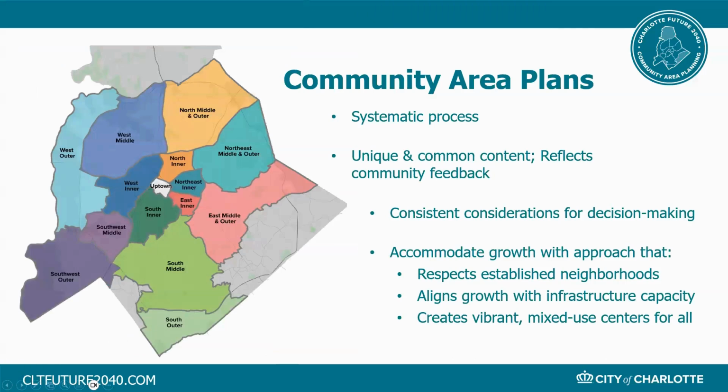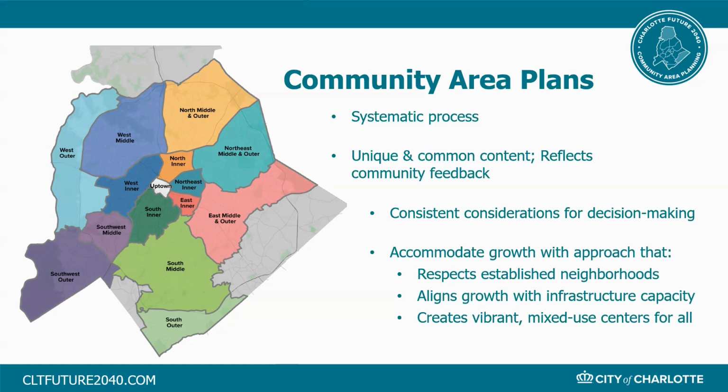The community area plans were developed using systematic processes, meaning that they were developed in the same way and will have the same components and format within them. While plans developed systematically are important, you will notice that each plan includes both unique content that reflects the individual character of that geography, as well as some new common policy guidance that helps achieve our vision.